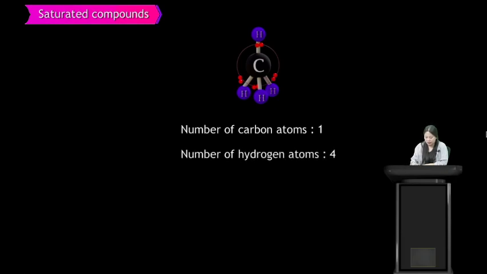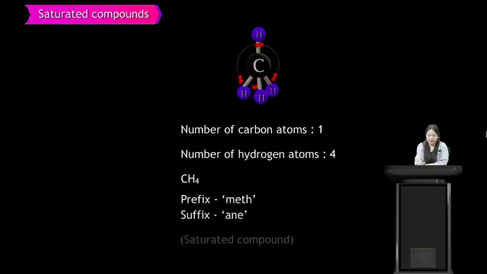So the chemical formula of this compound will be CH4. Now we have seen that for a compound containing one carbon atom, the prefix given is meth, M-E-T-H. And since this is an alkane, the suffix will be ane. So here the name of this saturated compound is methane.